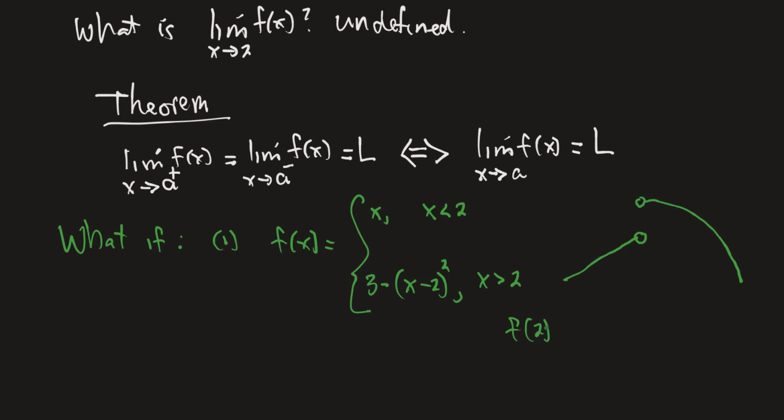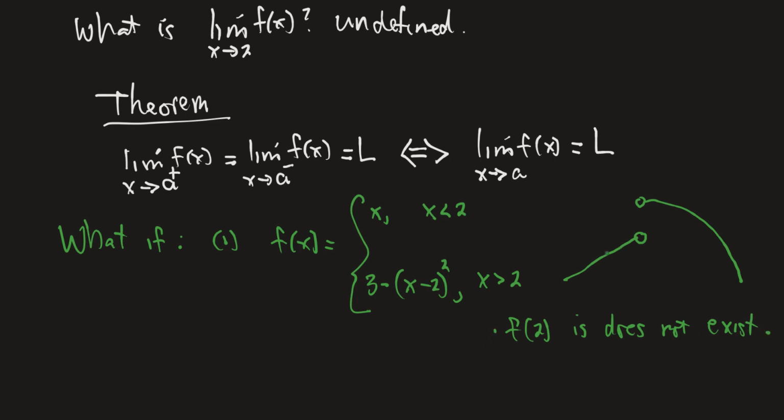Because if I asked you to plug 2 in, you couldn't plug it into either piece, right? You couldn't plug it into this piece because 2 is not less than 2. You couldn't plug it into the bottom piece because 2 is not greater than 2. So this is now undefined, or let's just say, does not exist, right?